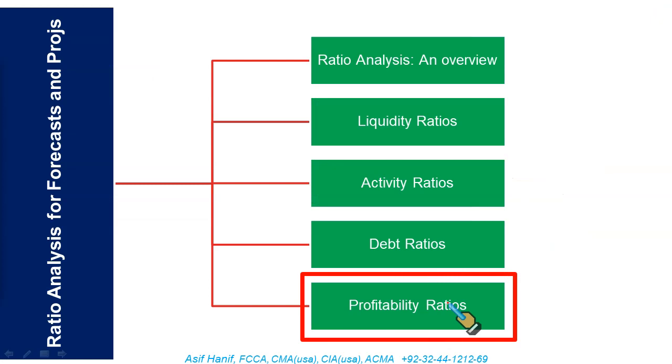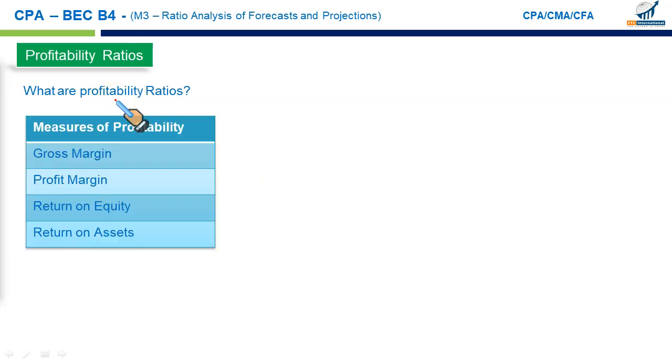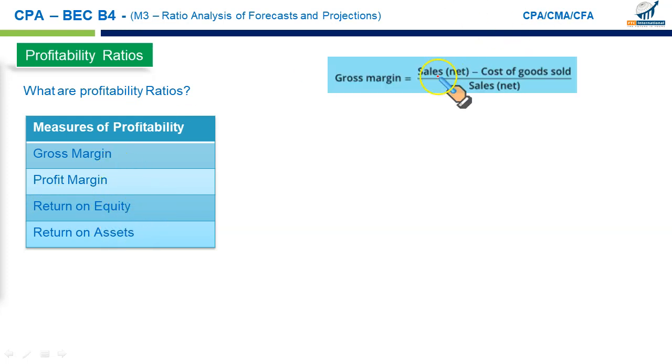Then the last set of ratios are profitability ratios. We have done them many times previously. They focus on how well the company has generated profit. These are a measure of profit, how well we have generated profit based upon sales, based upon equity, or the total assets. So first we have the gross margin, that is the gross profit upon net sales. Higher the better, means the company is generating more trading profit.